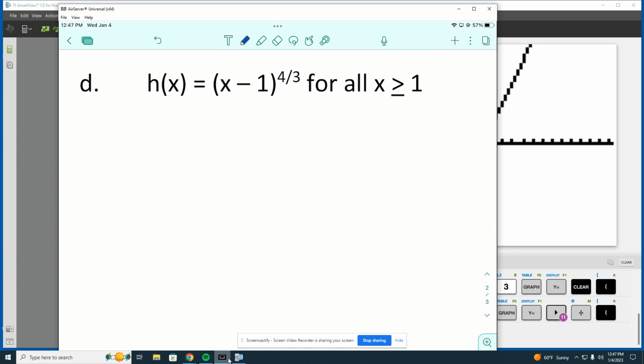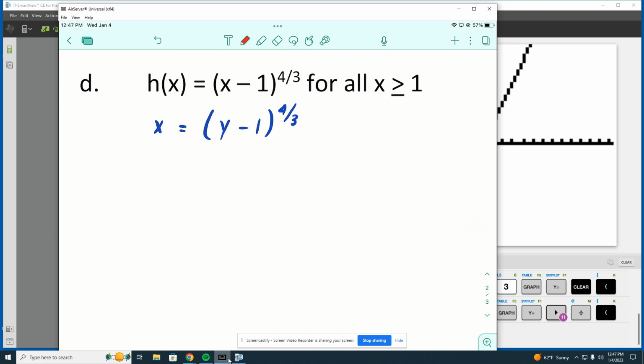So let's switch our x with our y, and let's solve for y. Now, hopefully you guys remember this. If not, no big deal. How do you get rid of a fractional exponent? You got to do another exponent. Do y'all remember what it was?